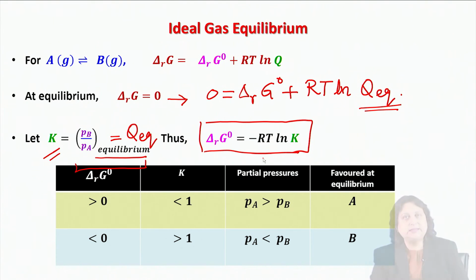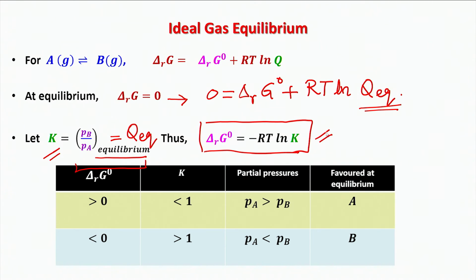Now what does it tell us? Now it tells us something which is very, very interesting. We know that when delta Rg naught is greater than 0, by virtue of this relationship, K must be less than 1.